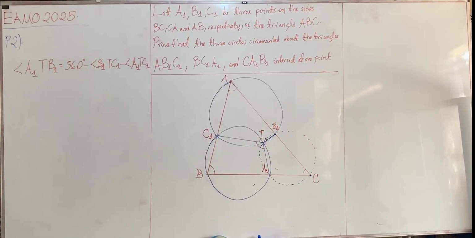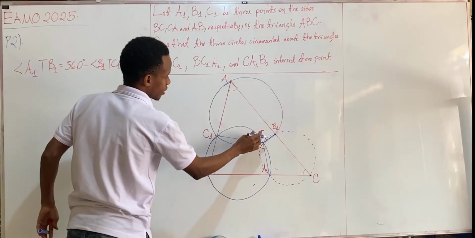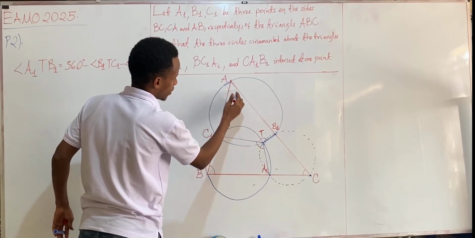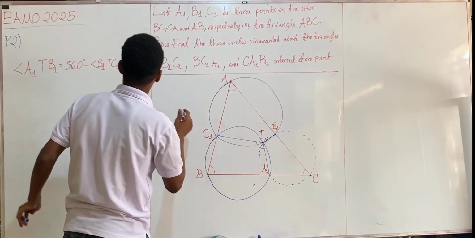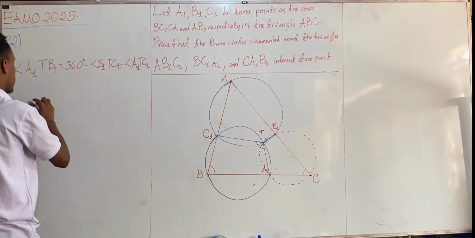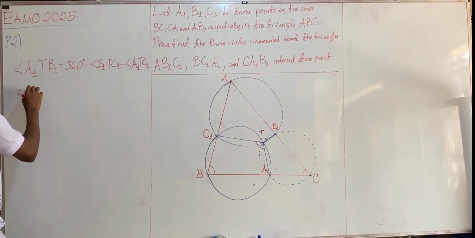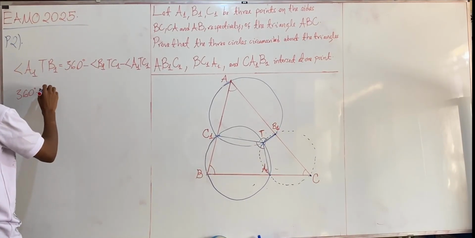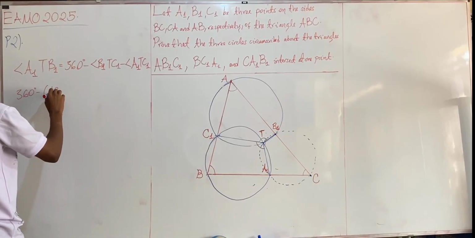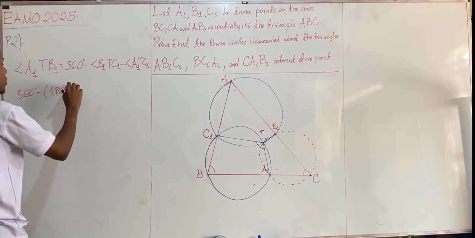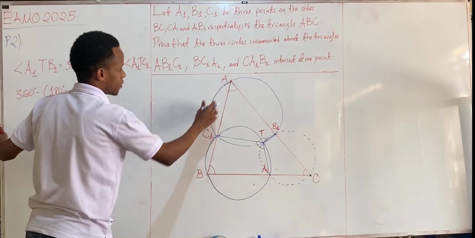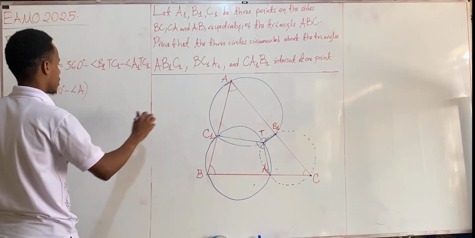Again, by definition, as we have already seen, these angles are supplementary compared to the angles at their respective vertices. So this angle and this angle, they are supplementary. And so we can substitute in place of the angle B1 T C1, it's actually 180 degrees minus angle A, to signify the angle at the vertex A for the triangle ABC.